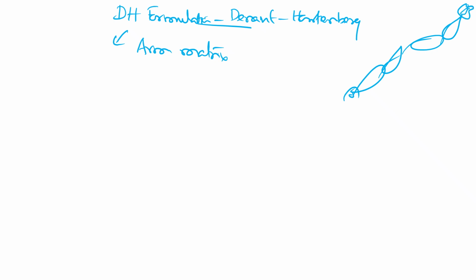So this is the zero frame. This joint frame is the one frame, this joint is the two frame, this joint is the third frame, and this is the fourth frame.